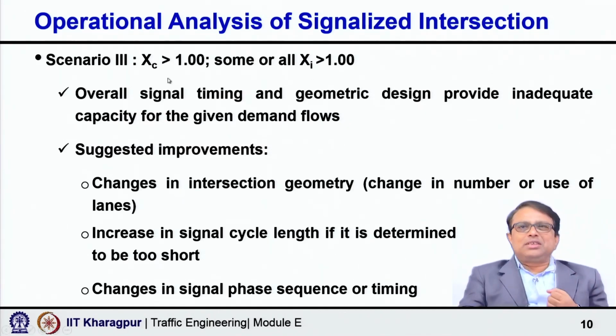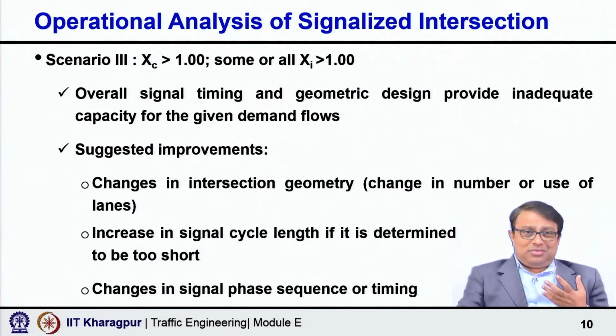So, some of the suggested improvements may include change in intersection geometry, that means change in the number or use of lanes. So, you know that the critical value for a lane group is going more than 1. In that case, if you add an additional lane, obviously it will benefit the overall calculation of xi.